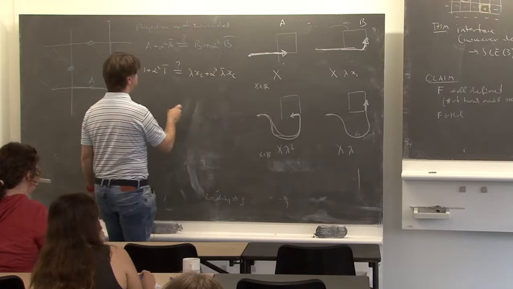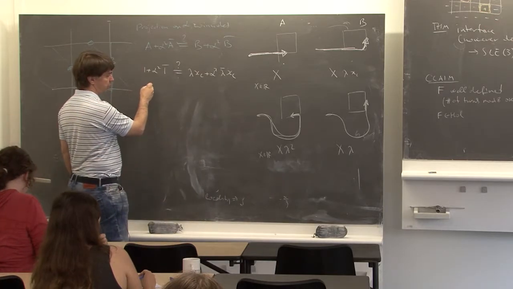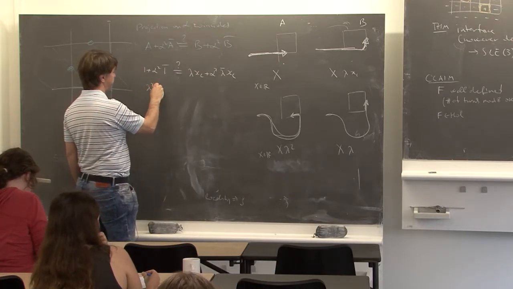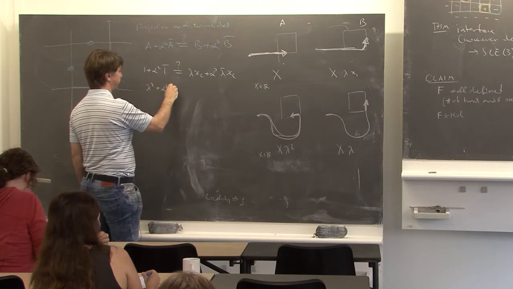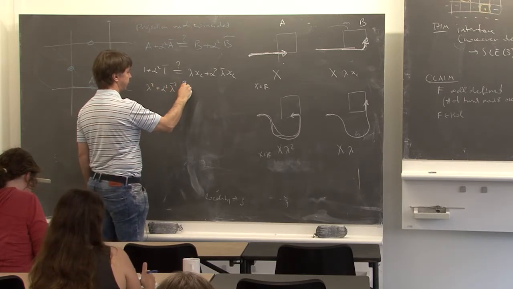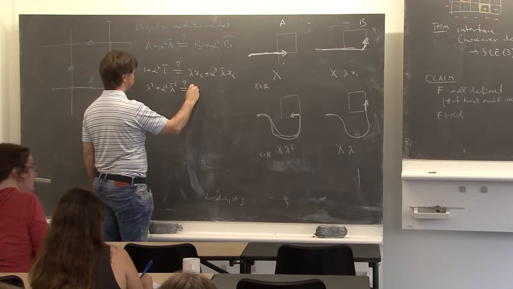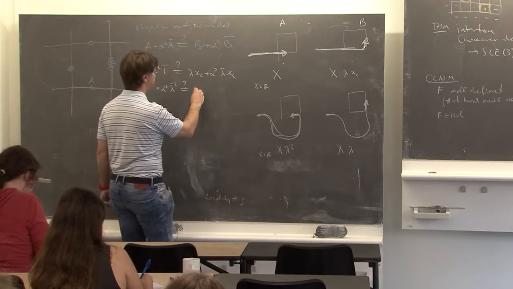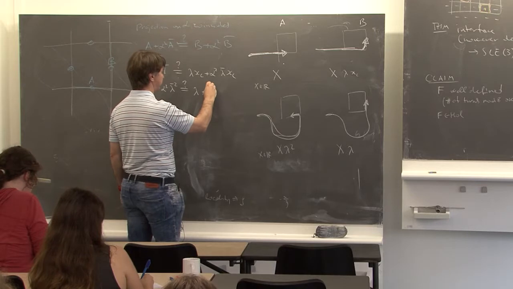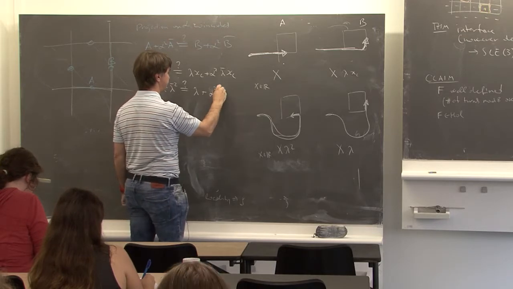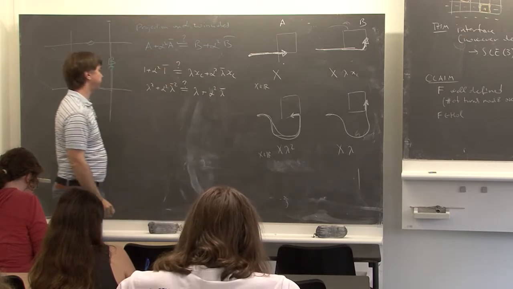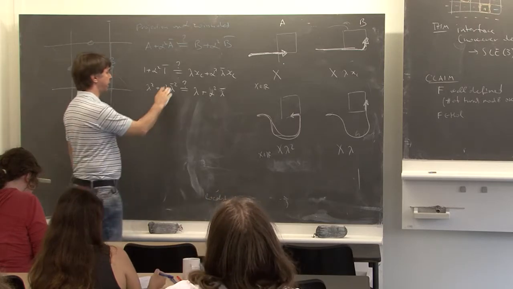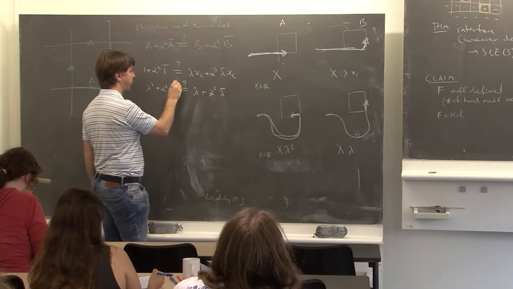So we would want to have the property lambda squared plus alpha squared lambda bar squared is equal to, what's the right? Lambda plus alpha squared lambda bar. Well, lambda bar is just the negative power.